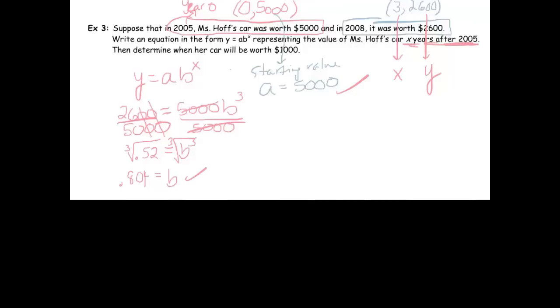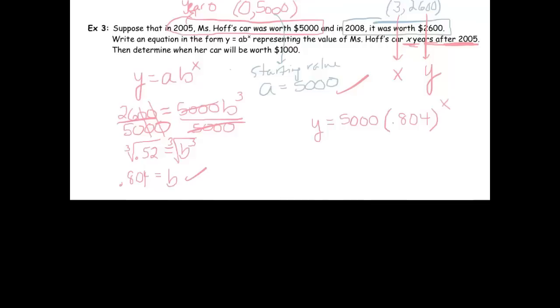So here's my equation. Y equals 5,000 times 0.804 to the x power. So there it is. It's a decay function. The value of my car is definitely decreasing over time.